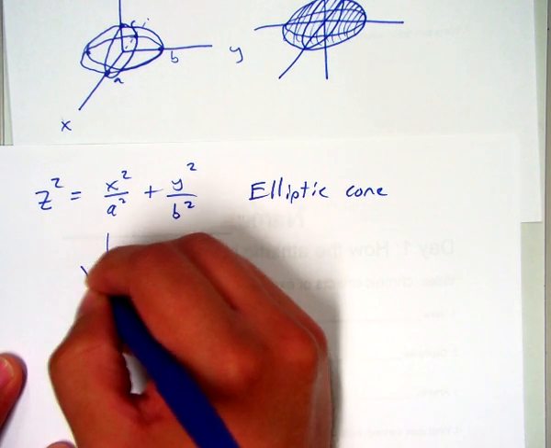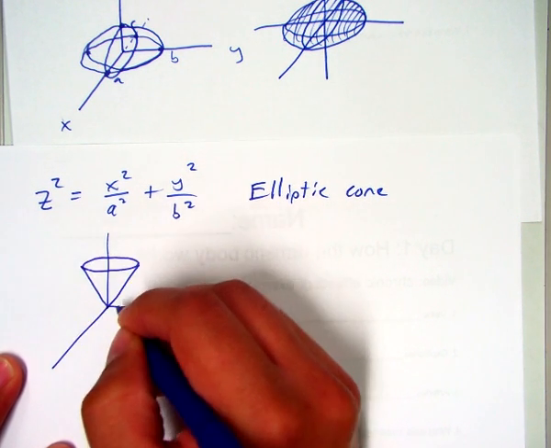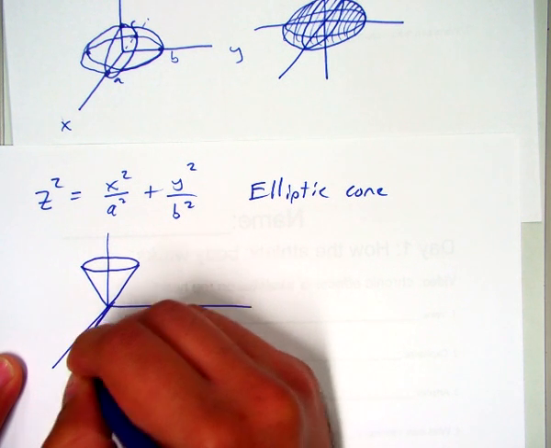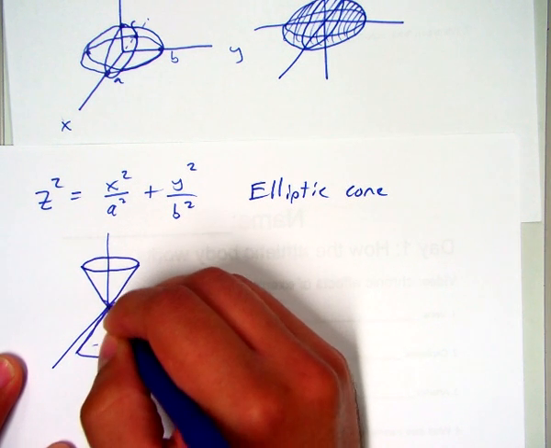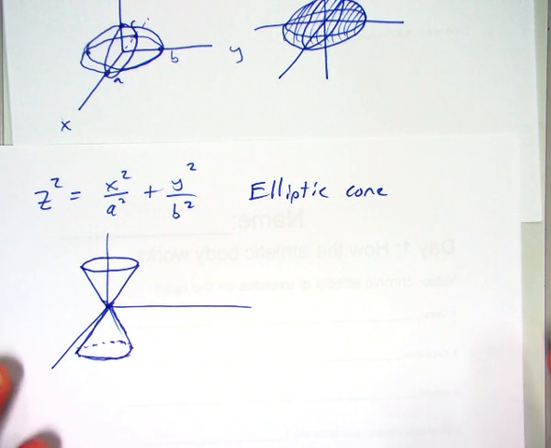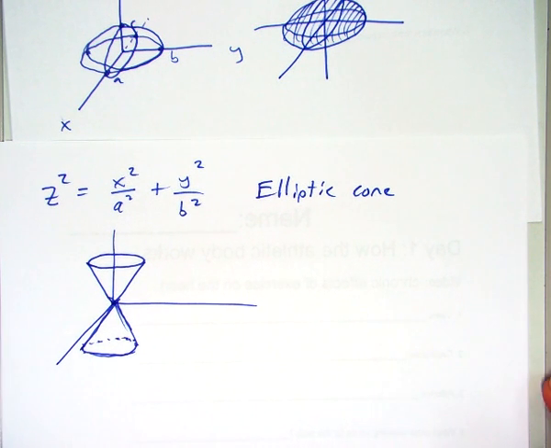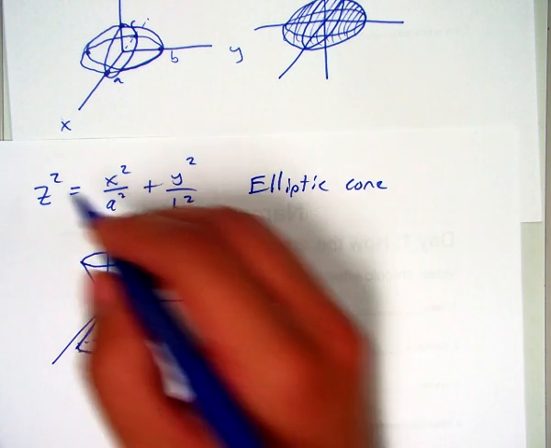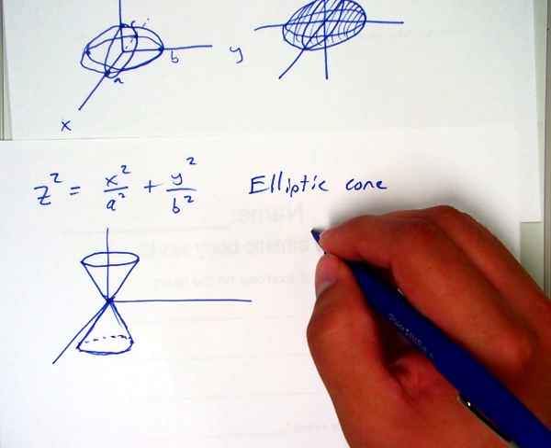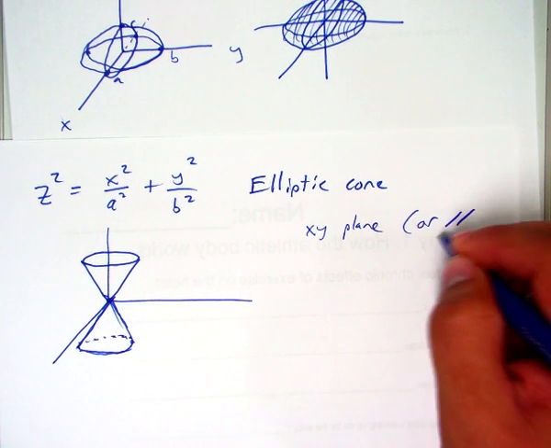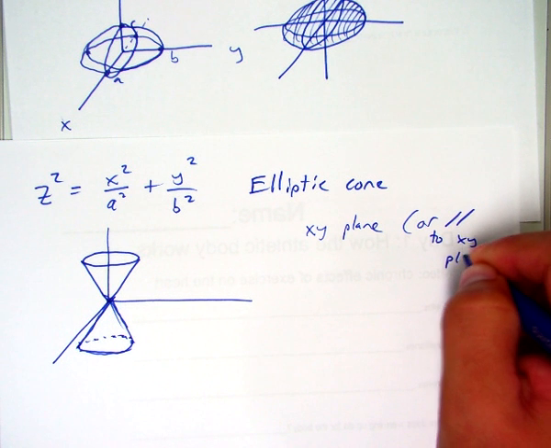It's exactly something like this. So this is an elliptic cone. And again, probably the easiest way to graph this, when it's in this format, is to look at the xy plane or planes parallel to the xy plane.